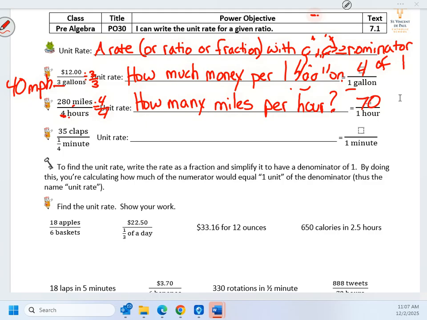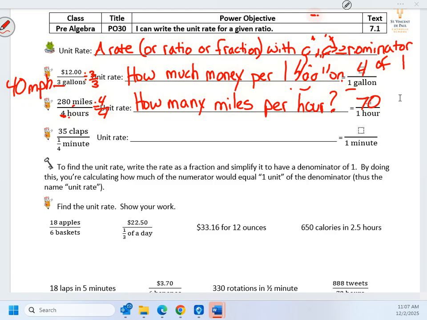Look at our last one, 35 claps in a quarter of a minute. In 1/4 of a minute, I can do 35 claps. How many claps can I do in 1 whole minute? What math am I gonna do? What do you think, Colton? You divide 1/4 by 35.